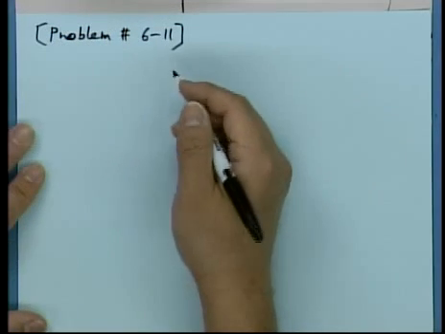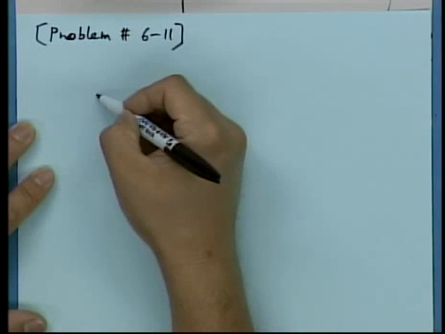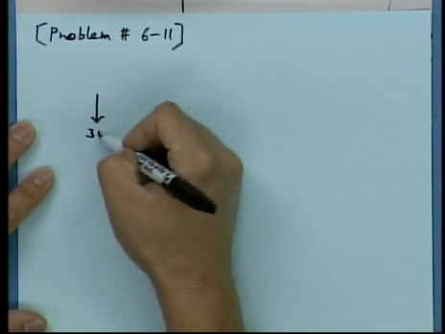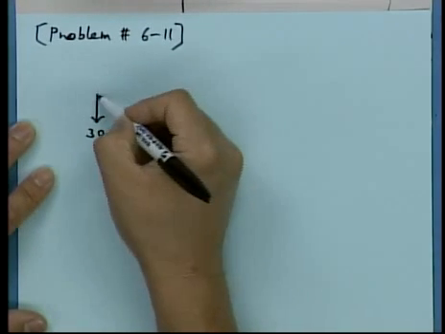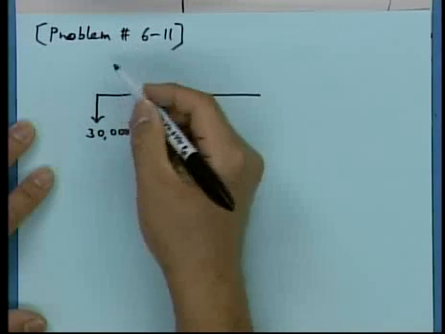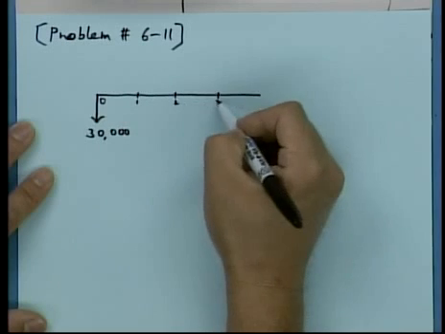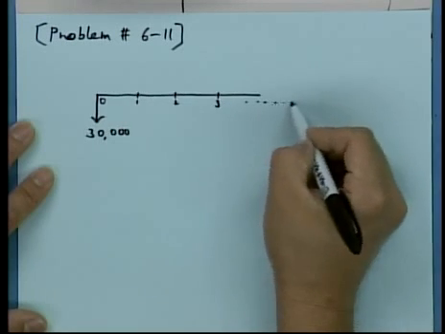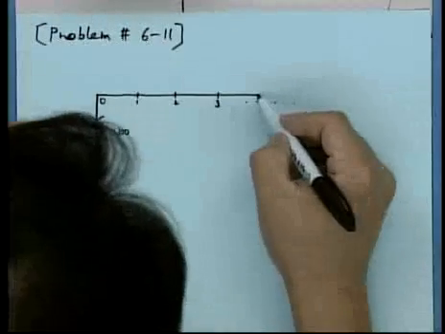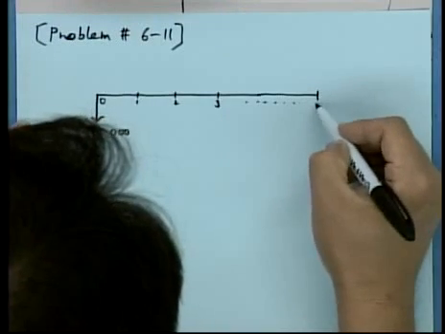So the purchase price is $30,000. Zero, 1, 2, 3, up to year 8, right?